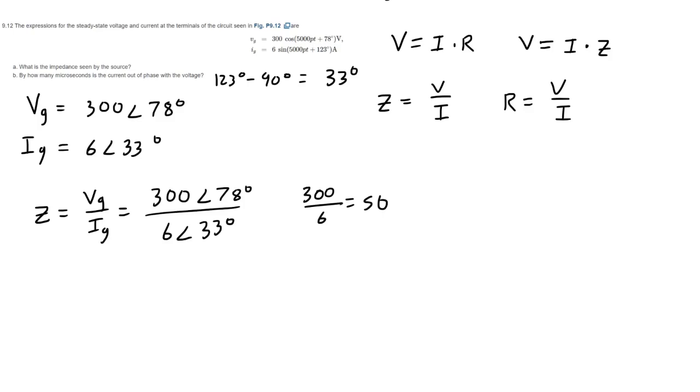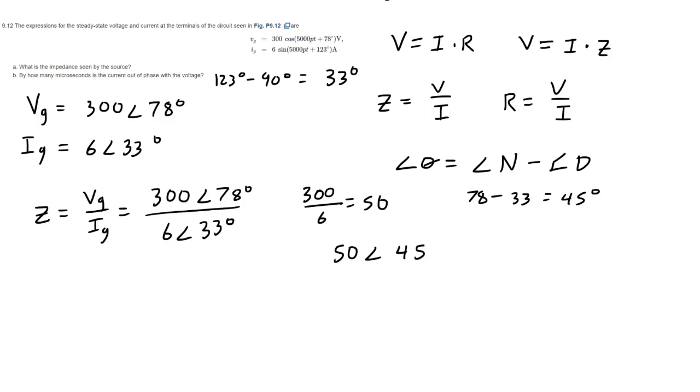So 50 is the magnitude, and our phase is going to be the phase of n minus the phase of d, our denominator. So 78 minus 33 is 45 degrees. So our phasor is going to be 50 at 45 degrees.